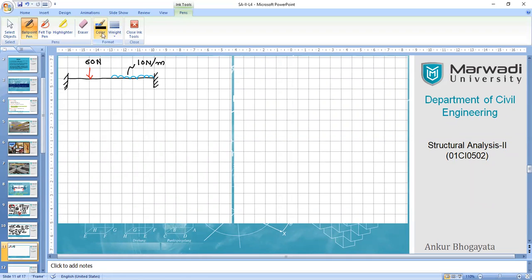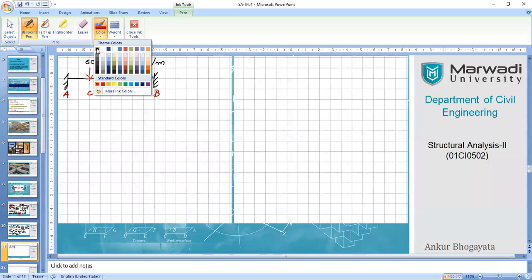And let's name the beam accordingly. So this is your A, this is your B. Just for the sake of clarity, we are naming these other points C and D. Okay. Now, as I told you earlier in the previous sessions also, please observe the question carefully before you make your mind to use a particular method.